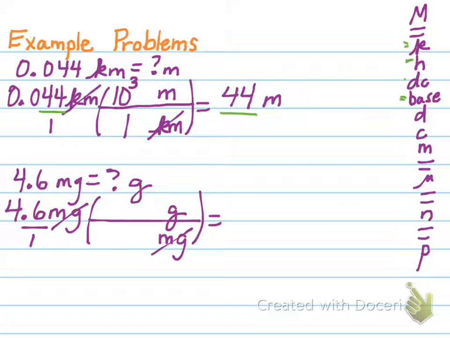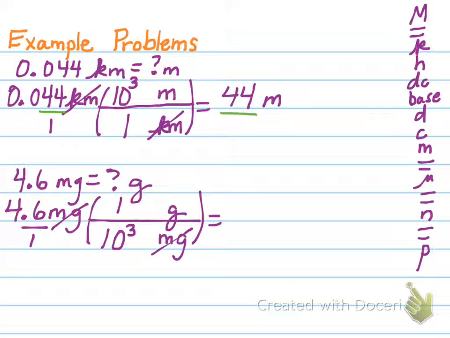Grams is my base, milligrams is here, so my grams are larger, so that'll be 1, and 1, 2, 3. Grams was bigger, milligrams is smaller, and it was 10 to the third.